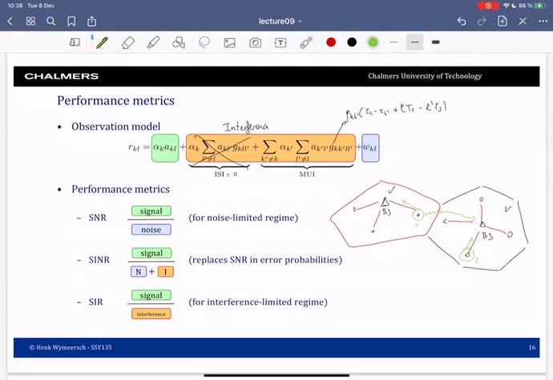There will be some interference coming to this base station if users 1 and 2 are assigned the same time slot. So, for instance, in TDMA, users 1 and 2 have the same time slot. So for that reason, interference is important, and these metrics of SINR and SIR are also important.